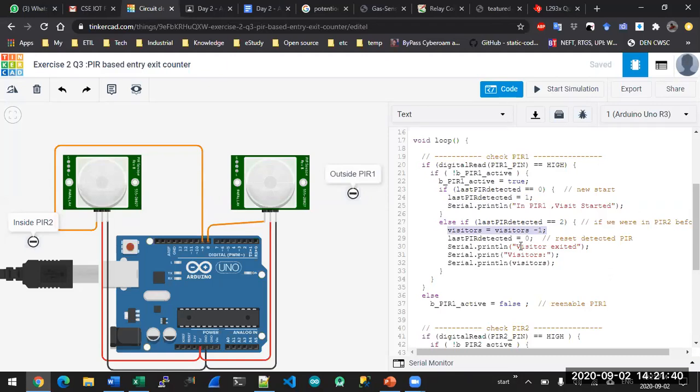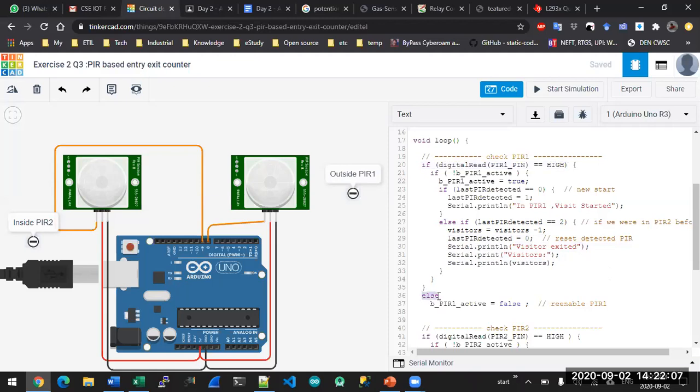And we have now counted the number of visitors. Now we reset the variable lastPIRdetected to 0, so it goes back to the initial condition, and we print the number of visitors exited and the total number of visitors.